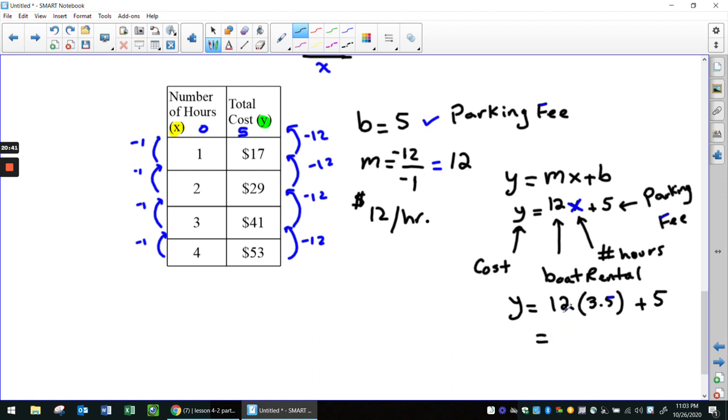When I solve for that, 12 times 3.5 gives me 42, plus 5 is $47. So it will cost $47 to rent a boat for 3.5 hours. There you have it.